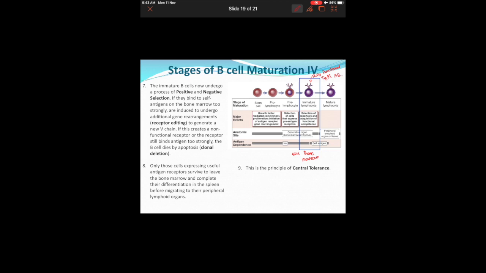And this is called receptor editing. So by removing or deleting nucleotides, it's changing the CDR3 specificity, to modify the degree of affinity for self-antigen. If those modifications aren't enough and they're still too high in affinity, the cells will die.